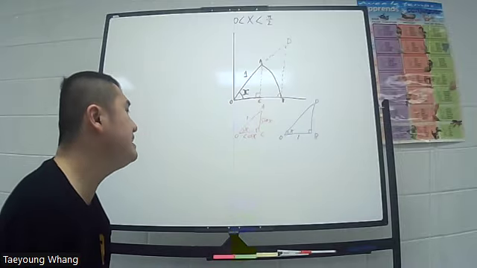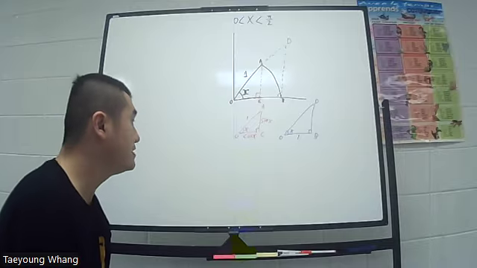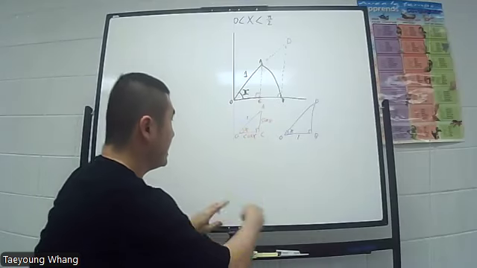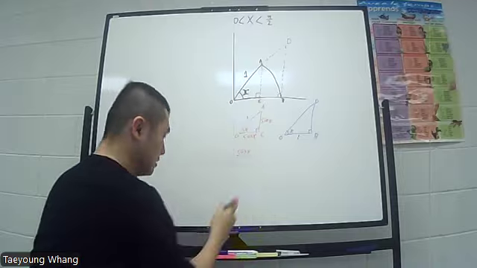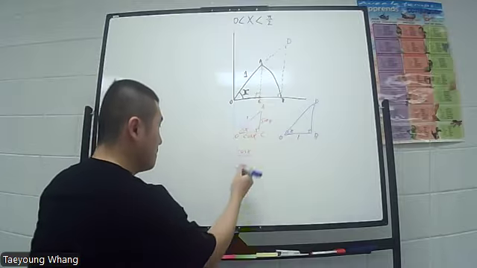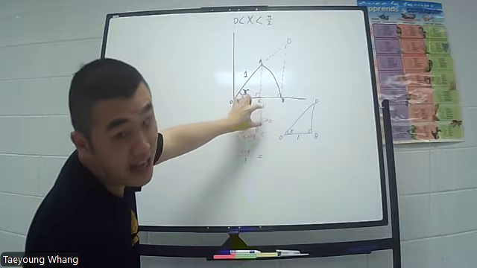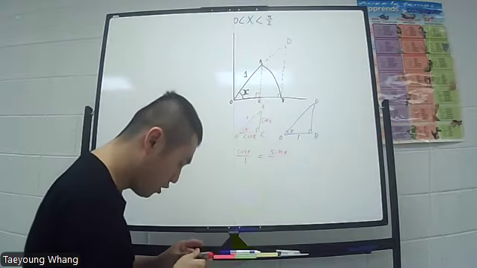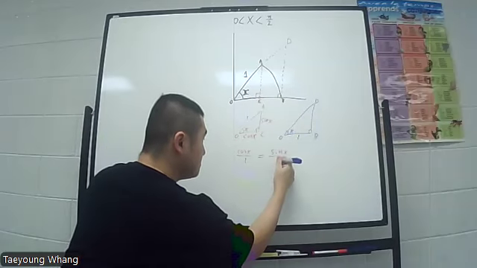Well, for the length of BD, you guys can use the idea of similar triangles. For example, from cosine x to 1, I can say if the length OC is cosine x, the corresponding side is 1. That should equal the length of AC, sine x, over the mystery side BD.